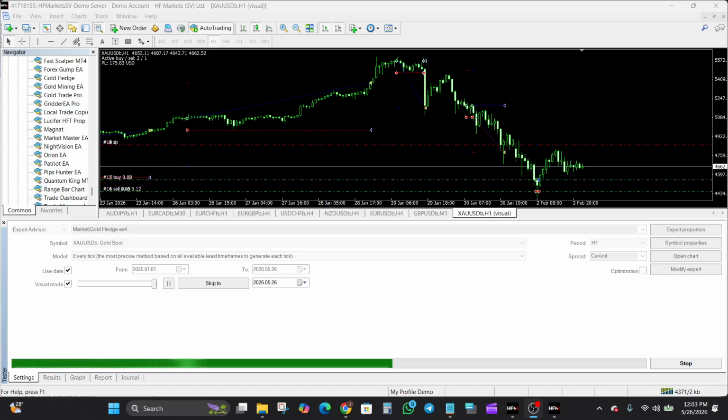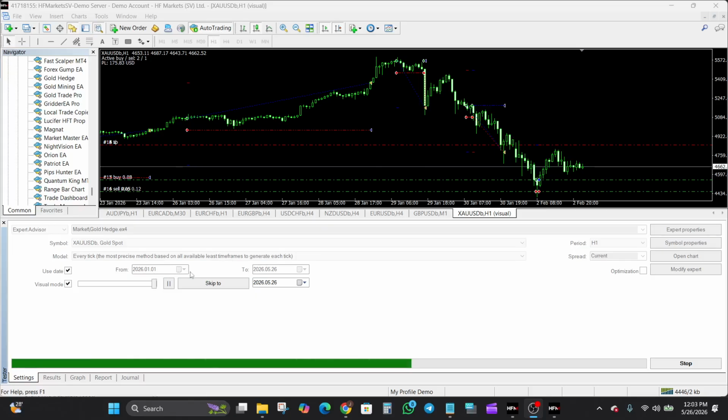So we are going to be briefly heading over to the results section as well, so we can see how the EA performed over the space of about 5 months. During the course of this testing, the symbol we tested, like I already mentioned, is XAU USD. The period is H1, and we are using the every tick modeling, by the way, for better accuracy.